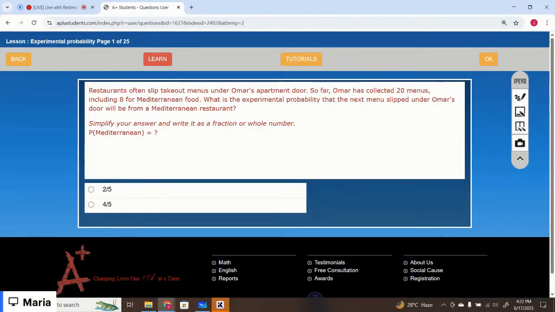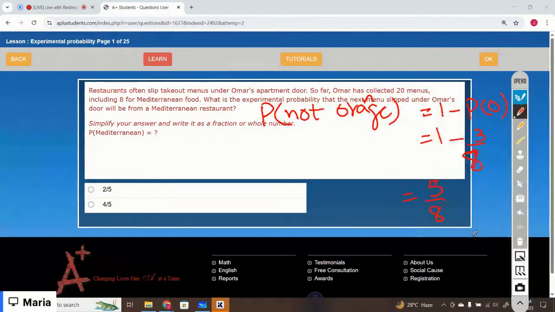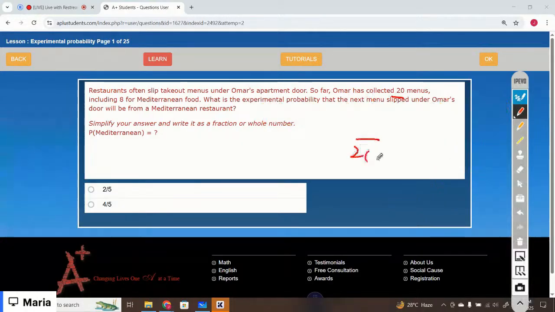Restaurants often slip take-out menus under owners' doors. So far, Umar has collected 20 menus, including 8 of Mediterranean food. What is the experimental probability that the next menu under the door will be from a Mediterranean restaurant? So we collected a total of 20 menus, right? And 8 of them are Mediterranean food.